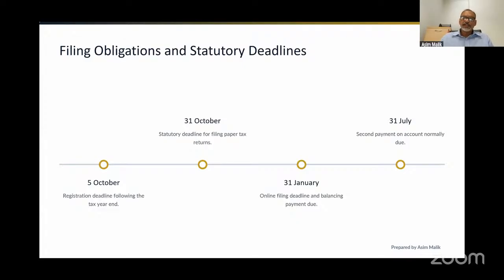Not only that, in certain cases you will be liable for installment payments for the current tax year, which is 26-27: one installment in January and the other in July. Again, you need to look at the circumstances of whether or not a person is liable for payments on account for the current tax year.